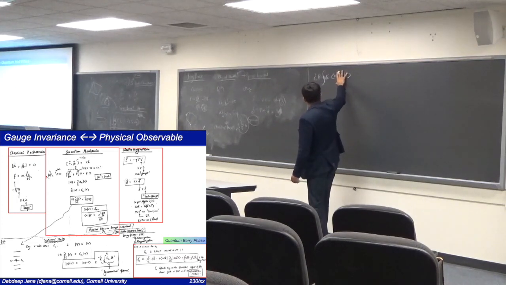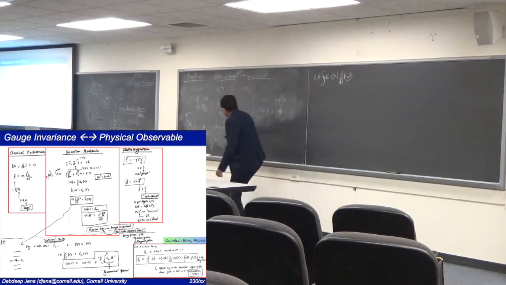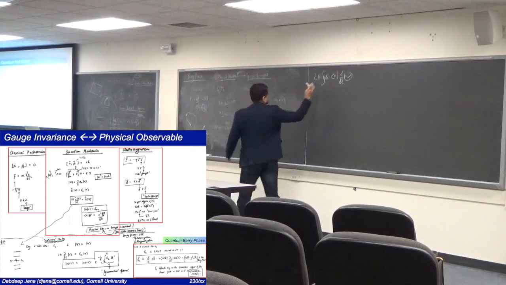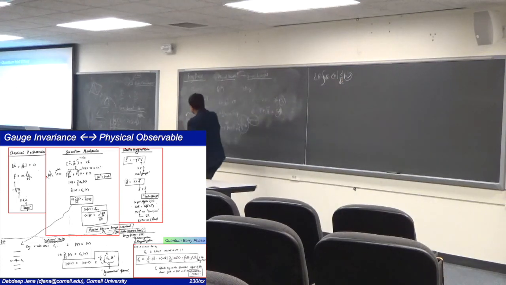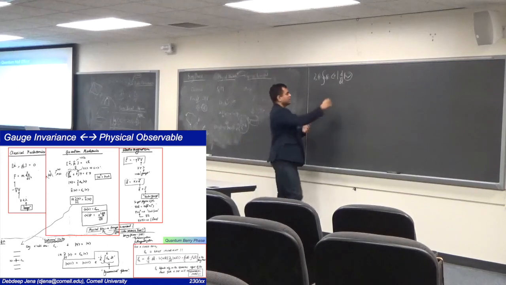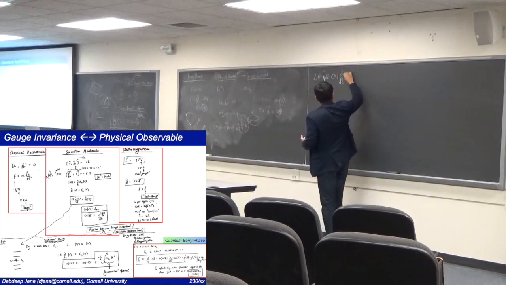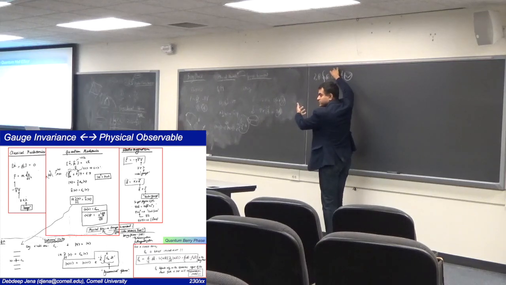And what we'll see is this will become the curvature later. What we have is the eigenstate, and you have a derivative with respect to the path you're moving along, so this is dR. You're moving along the path. It's a dot product, a line integral, of the inner product of the eigenstate with its derivative.